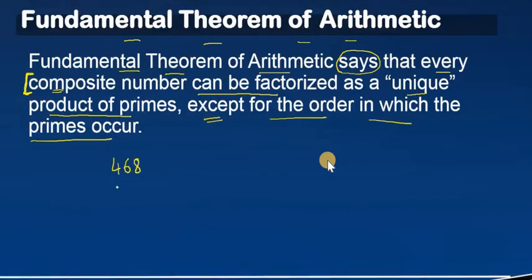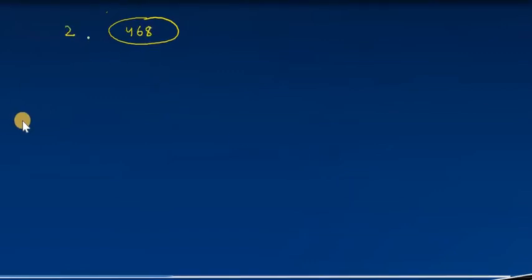468. This 468 can be factorized in different ways. Let us at least see the prime factorization of 468 in two different ways. 468 can be divided by 2, all of you know, and you will get 234.